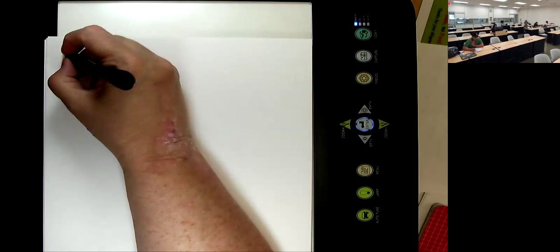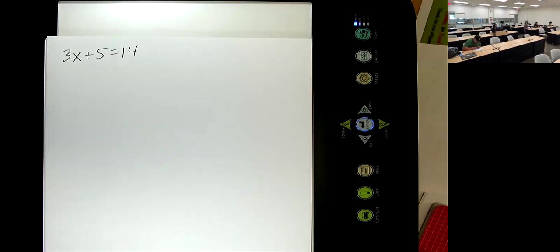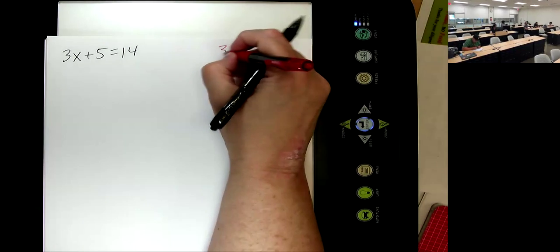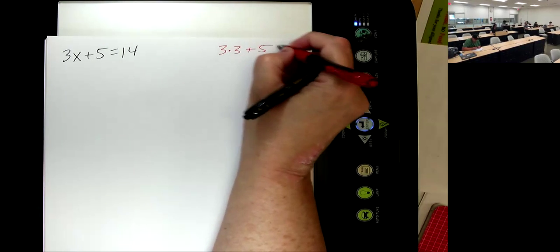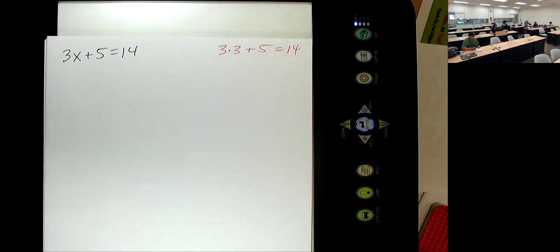So I had 3x plus 5 equals 14. That was the example I gave earlier, and we showed that 3 times 3 plus 5 equals 14, because this is 9 plus 5, and that is 14. Usually we don't know the value for x, but we can solve for it.